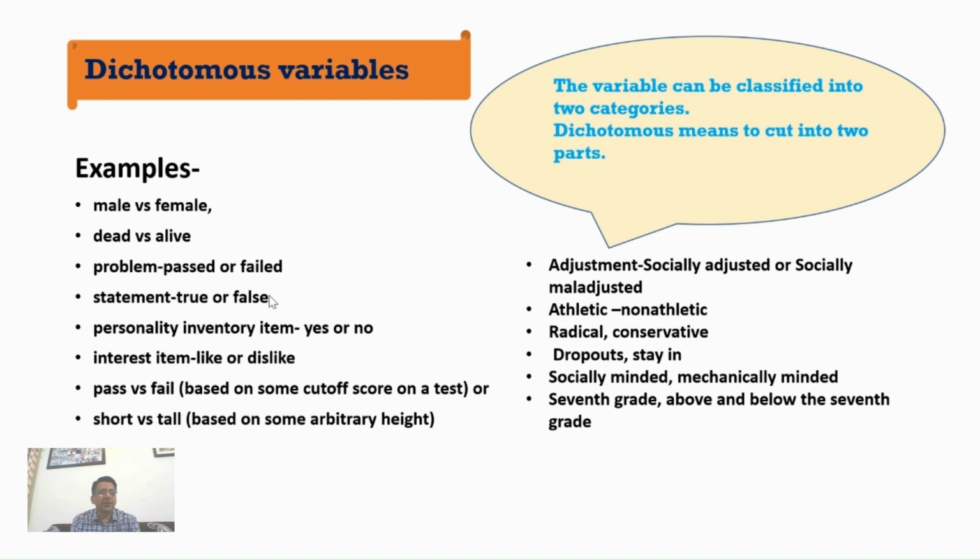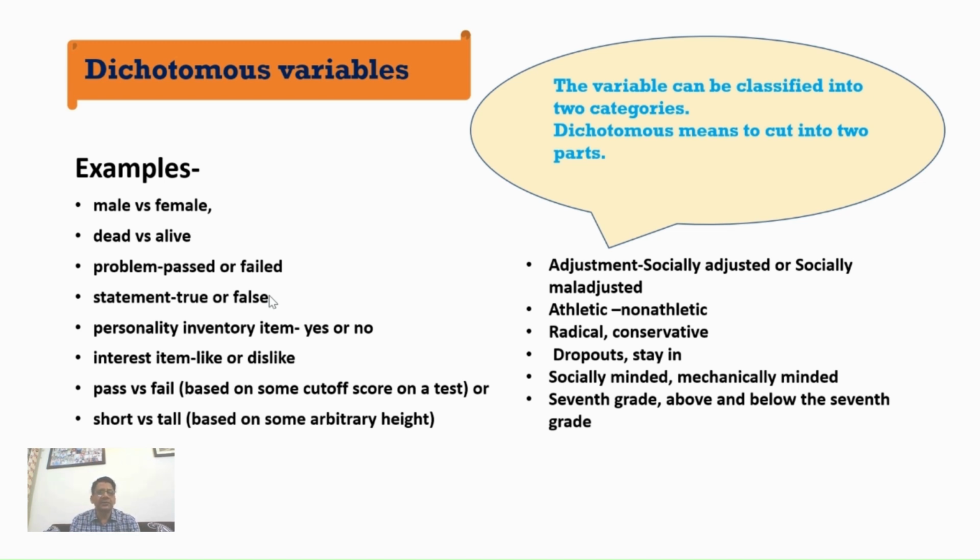In some personality inventory items, the two responses may be yes or no. Similarly, interest items may have two responses, like or dislike. And similarly, pass versus fail may be based on some cutoff score on a test.